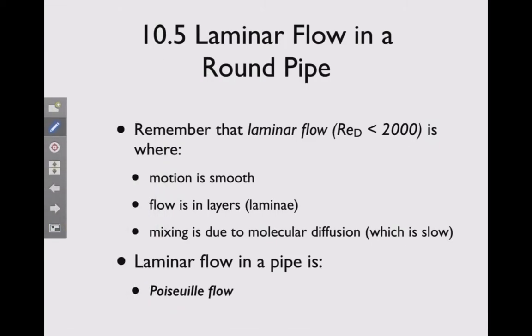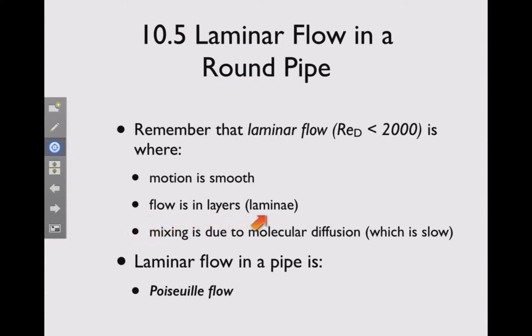So here we are. Remember from before in this chapter that for conduits, we have laminar flow when the Reynolds number applied to the diameter of the pipe is less than 2,000. We're going to have smooth velocity, with the flow being in layers or laminae.